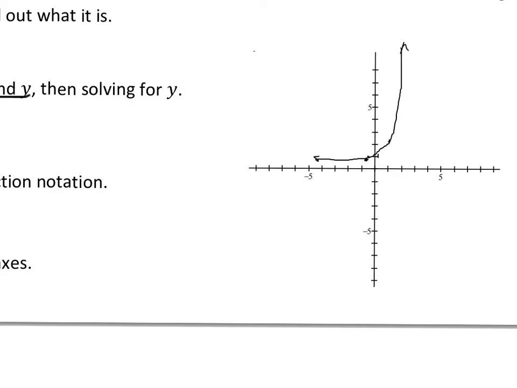Okay? Now, if we're saying that logarithms are inverses, I can just switch x and y. Right? That's all I have to do. So instead of -1 and 1/2, I have 1/2 and -1. Instead of 0 and 1, I have 1 and 0.